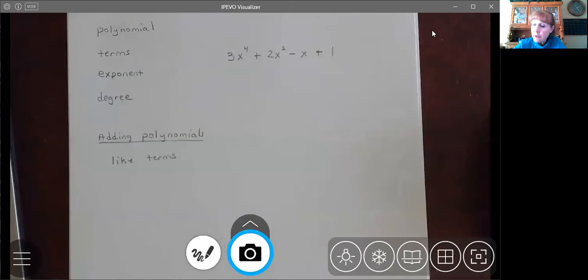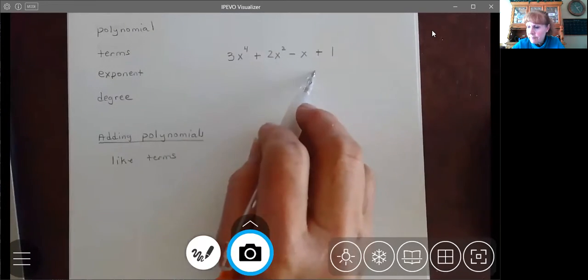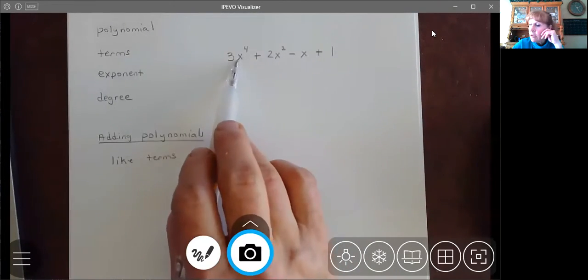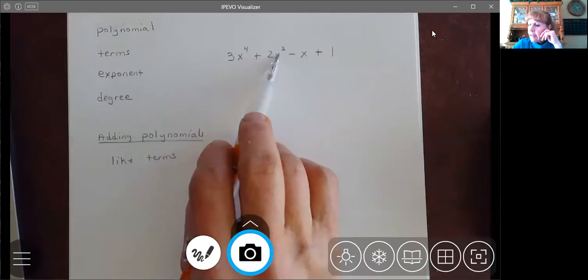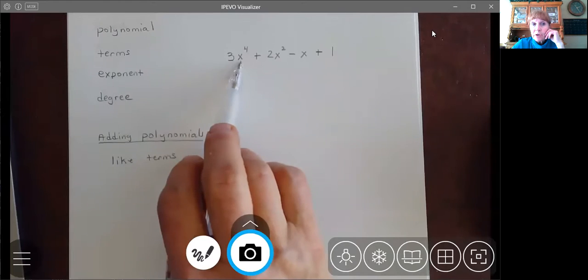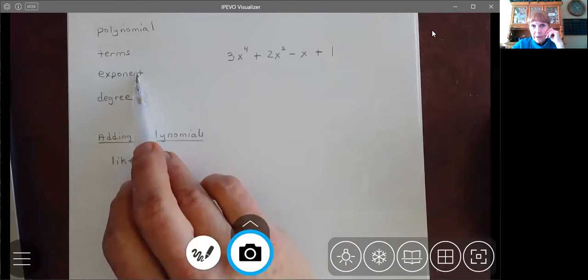Here are some terms that we need to know, and I'll explain these terms using the example here on the right. So this right here is a polynomial. The reason it's a polynomial is each of these exponents. So here we have another term here.